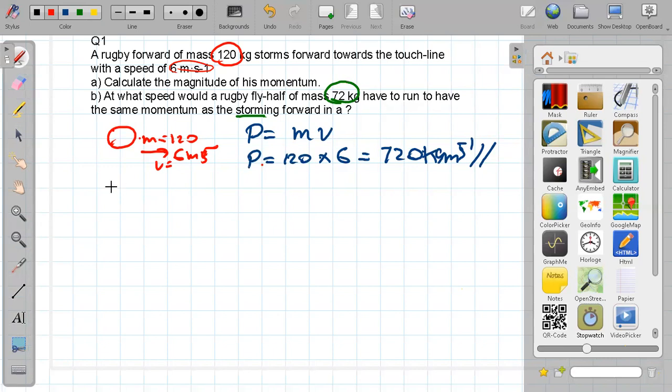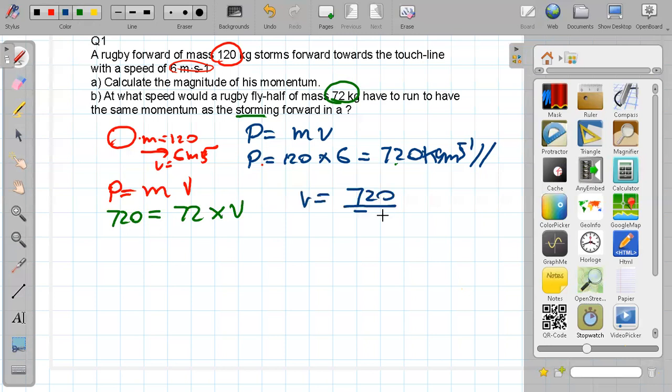Have a good look at p equals mv for that guy. This is the p we know, 720, and the mass is 72 multiplied by the velocity, which is the factor I don't know. v is going to be 720 divided by 72. So the velocity is 10 meters per second. Understood?